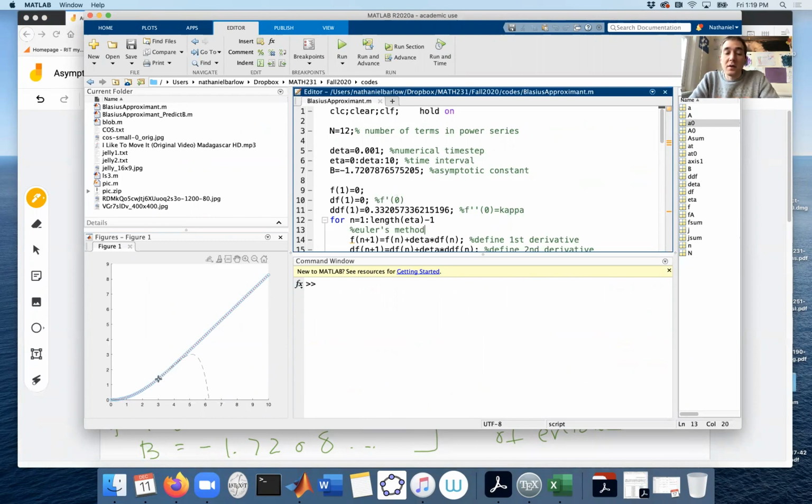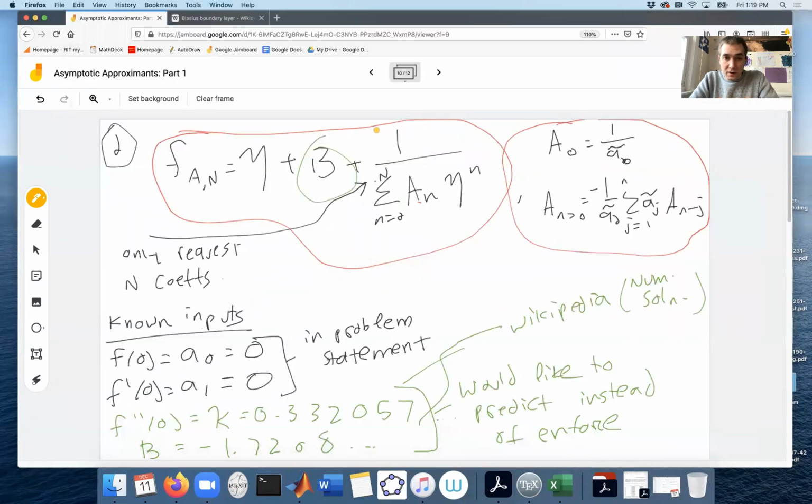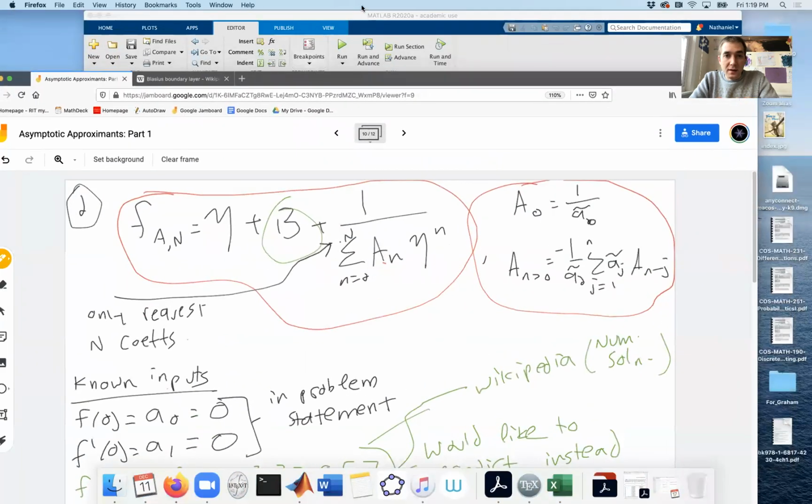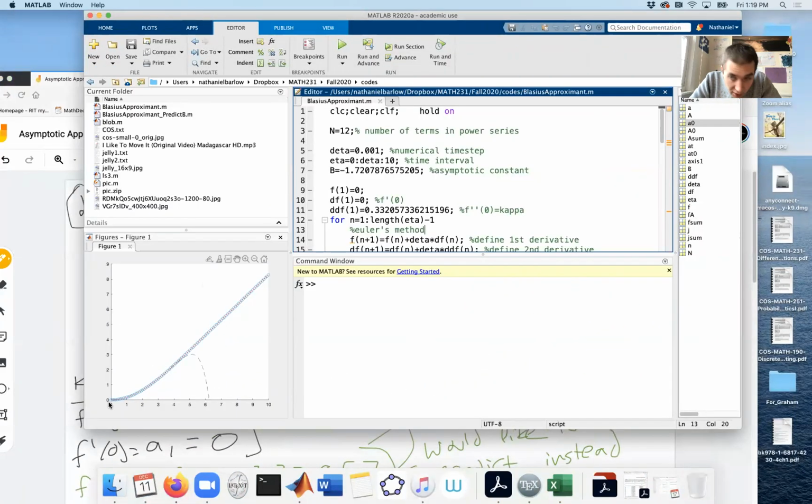And then using that power series and inputting into our asymptotic approximate, which is boxed in here in red, we get a red curve, which goes directly through the numerical solution. And as we increase the number of terms, it stays there. It's snapped in, and if anything, the error decreases.